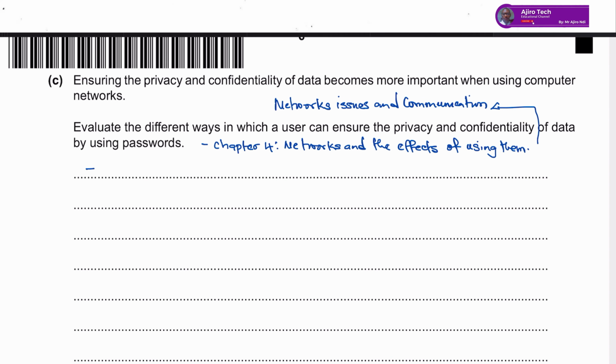So we can start with the fact that, for added security, because we're exploring different ways in which a user can ensure the privacy by using passwords, an OTP, which means one-time password, could be used.